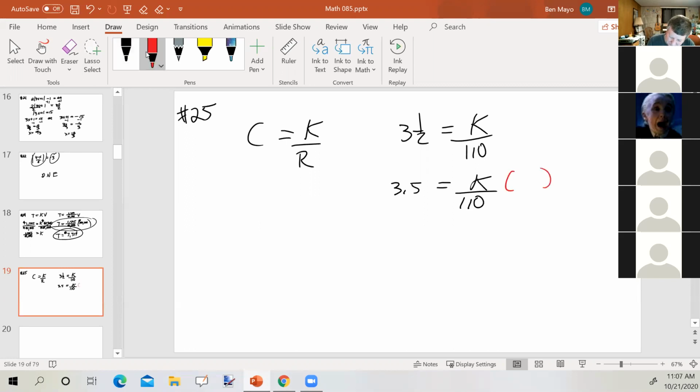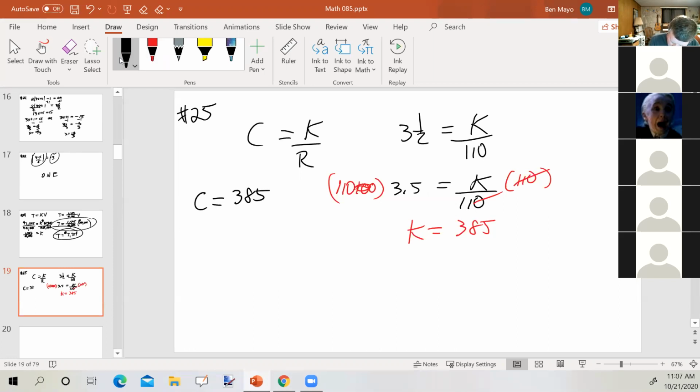Multiply by 110 on each side, right? Correct. Awesome. So K equals 3.5 times 110, which is 385. So now we've got C equals 385 over R, okay?